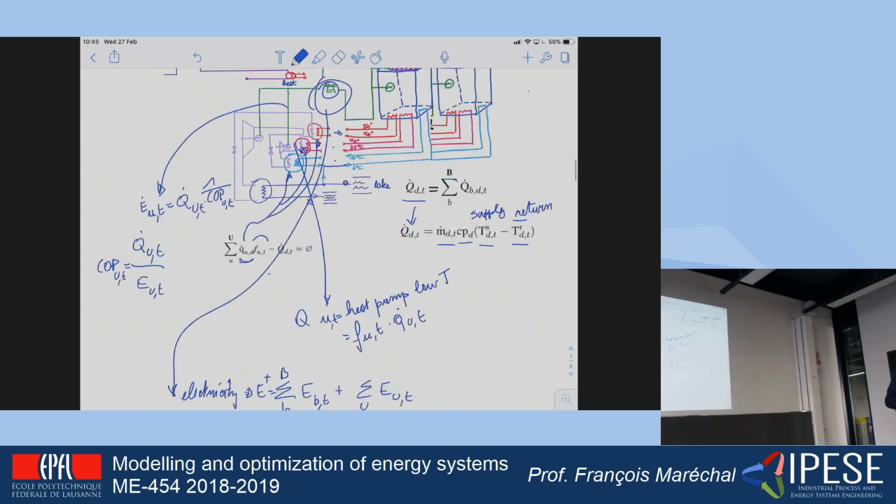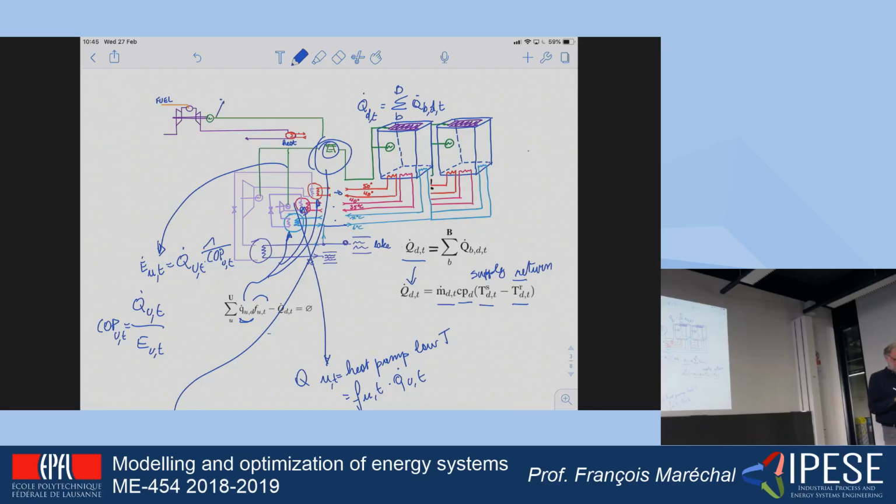And of course, when I will be here, this will be a contributor, so it will be a negative consumption. Okay? It means that this is the gas turbine at time T, and this will be negative.